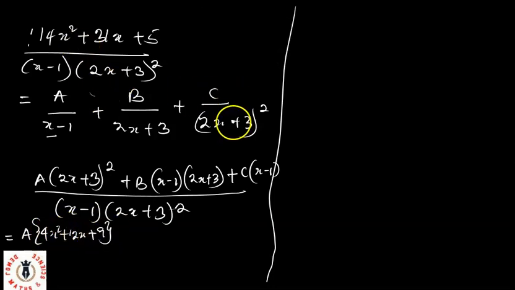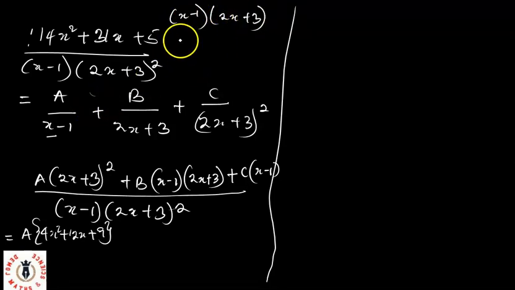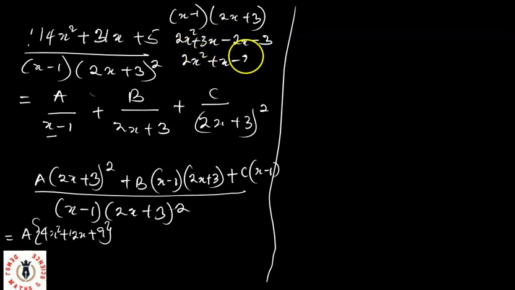Let me now expand x minus 1 into 2x plus 3: x times 2x is 2x squared, x times 3 is plus 3x, minus 2x minus 3. So this is 2x squared plus x minus 3.